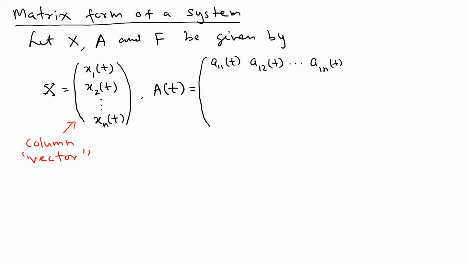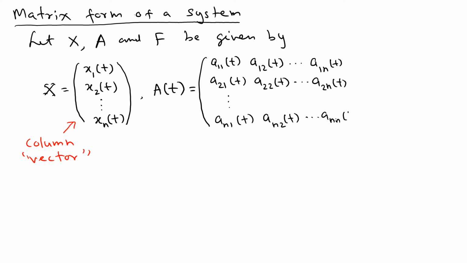Similarly, we go a21(t), a22(t), like that, a2n(t), and then we can keep going like that. So it is an1(t), and then an2(t), like that, and we have ann(t).